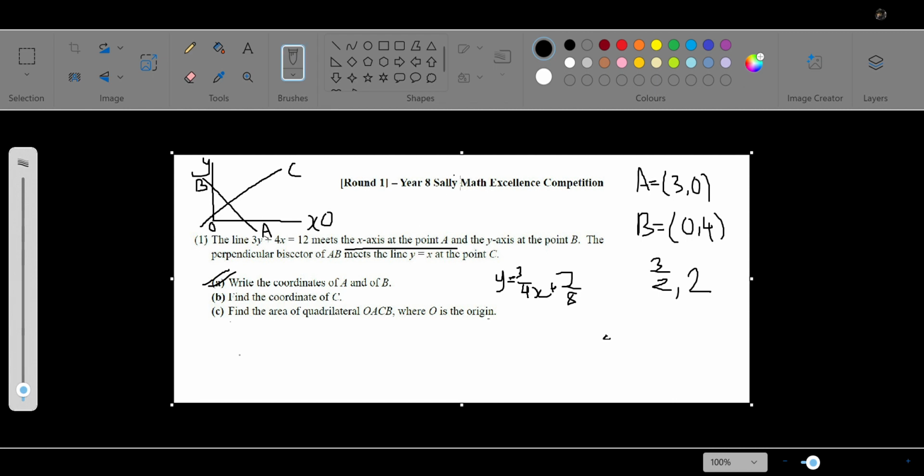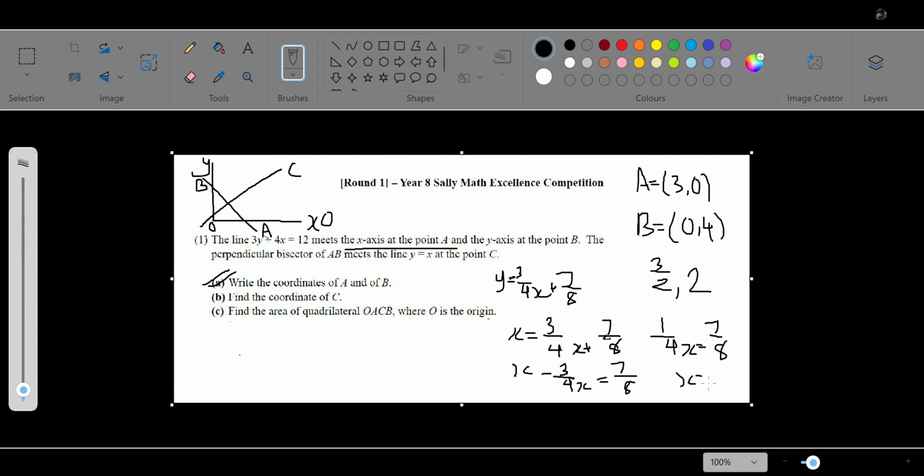So basically, for the coordinates of point C, where the perpendicular bisector intersects y equals x, you need to substitute it into the equation, which is x equals 3 over 4 x plus 7 over 8. So expanding it would be something like this. I write it here: 1 over 4 x equals 7 over 8.